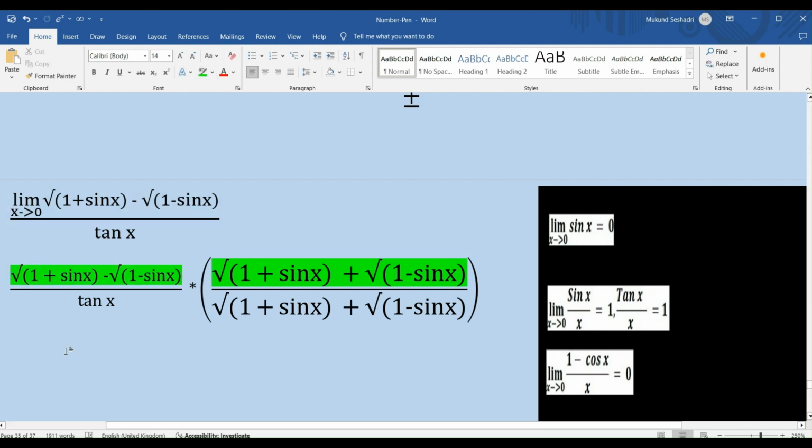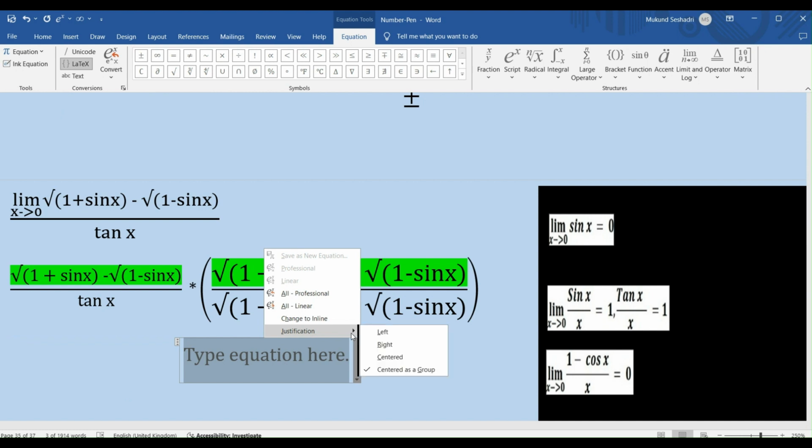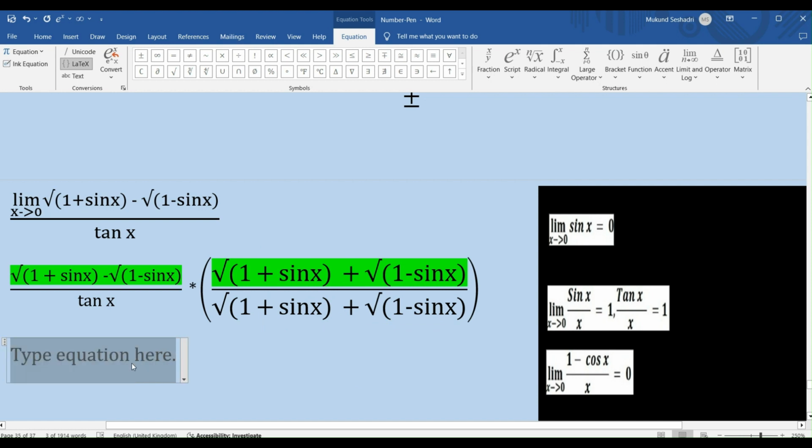And when I rewrite that, I get a minus b into a plus b. When I rewrite that, what do I have? I get a square minus b square, right? And what is my a and b? My a and b is nothing but root of 1 plus sine x and root of 1 minus sine x, right?